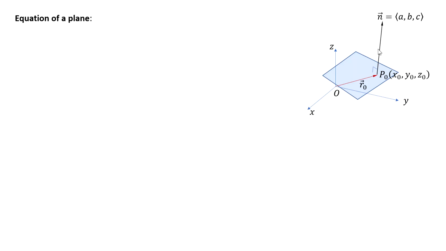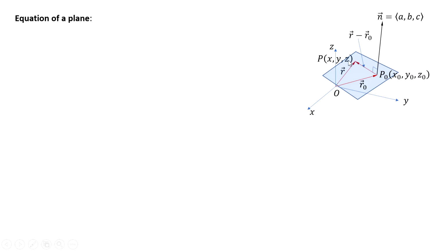Okay? So, with that, check this out. I picked some arbitrary point P, and a position vector of it is R. So this R is going from the origin to a point, some arbitrary point on the plane. Now our objective is to find that one, right? Check this out. Can I immediately do R minus R sub 0?